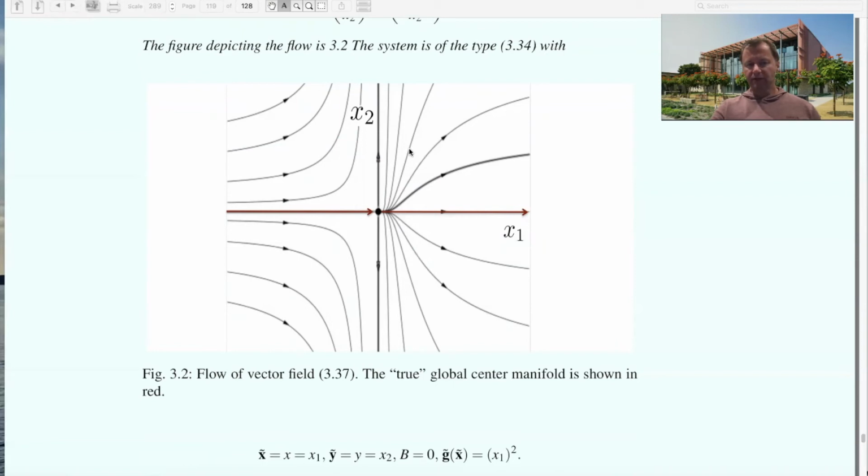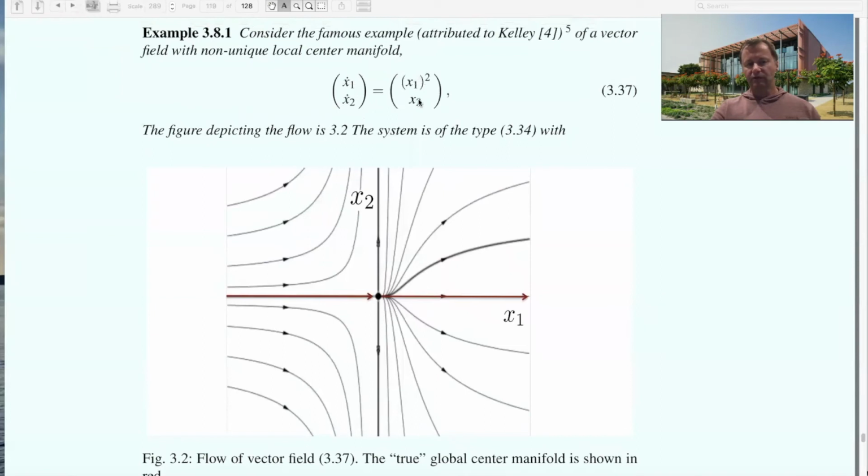Namely, for any of these manifolds here, the motion in the x2 direction is exponential, x2 dot is x2. The only one that doesn't have that property is really the former stable subspace.